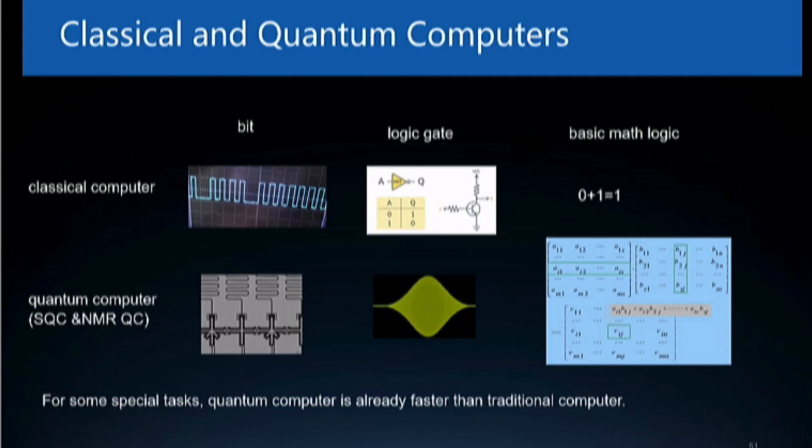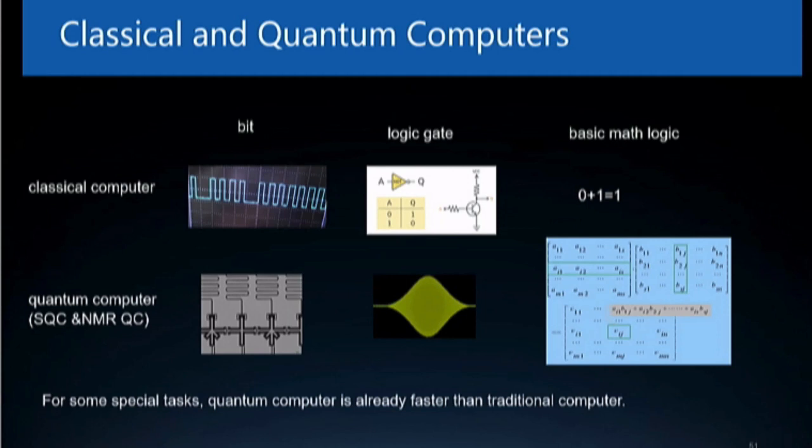with you. Let's compare the classical computer and the quantum computer. You can see on the classical computer, the bit is the voltage high or low. But for the quantum computer, it's some hardware on the chip. And the logic for classical computer, for example, the NOT gate, is some hardware on the chip. But the logic for quantum computer is the pulse.